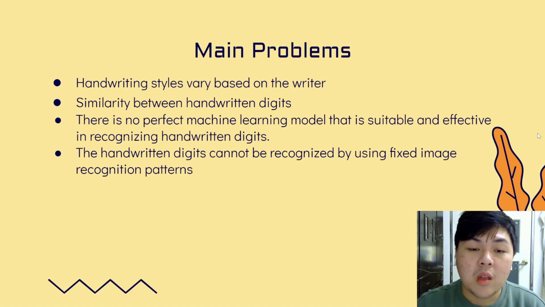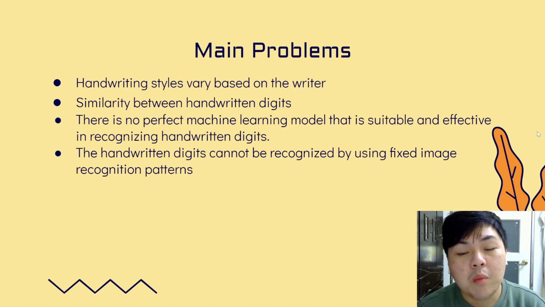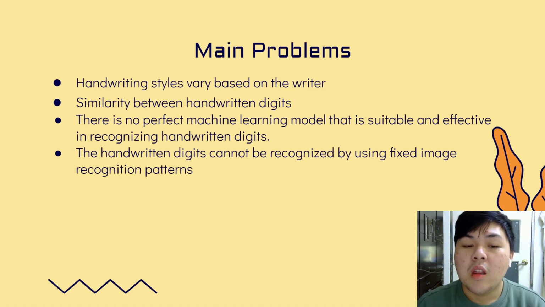The second one is the similarity between handwritten digits. For example, digits 6 and 4 may look the same based on the handwriting style of the writer, and similarly, 1 and 7 may look the same.